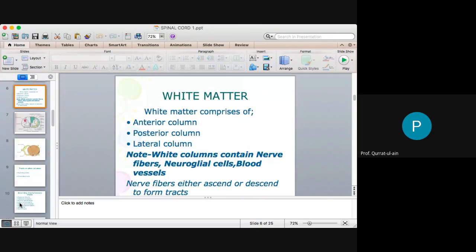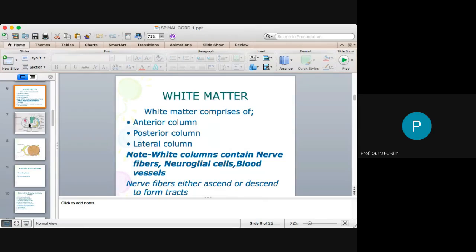Now, the tracts which are present in the white column are either ascending or descending. The ascending tracts start from the spinal cord and reach the central nervous system. They pass through the spinal cord, ascend through the brainstem, and reach the cerebral cortex.